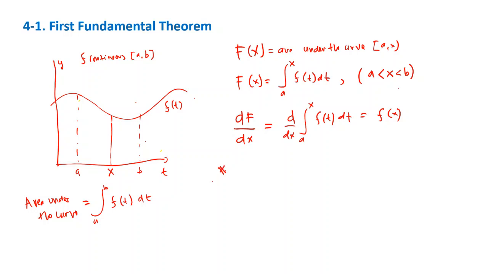Number one, what it states is that every function f that is continuous has an antiderivative.